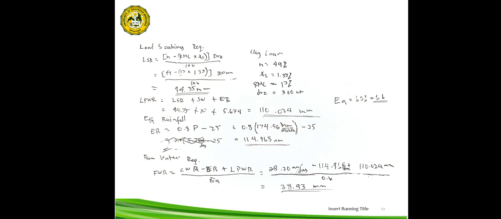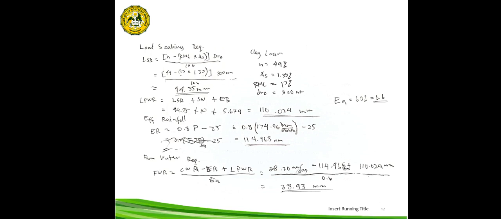So the LSR is 94.35 mm, while the LPWR is equal to LSR plus SW plus ETo, which is 110.024 mm. For the effective rainfall, the formula is 0.8 P minus 25, since our precipitation is equal to 174.96 mm per month.